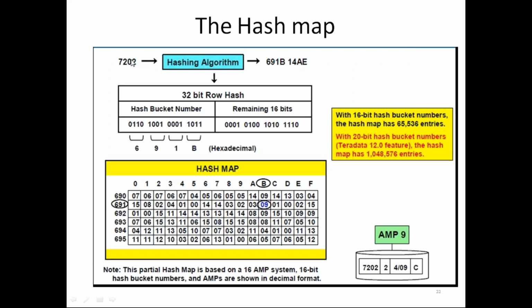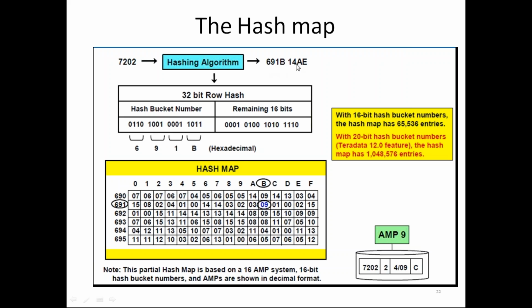See, the hash algorithm takes the primary index value as input and gives a 32-bit row hash value, and out of this 32-bit row hash value, the first order 16 bits, this 691B, is called the hash bucket number.